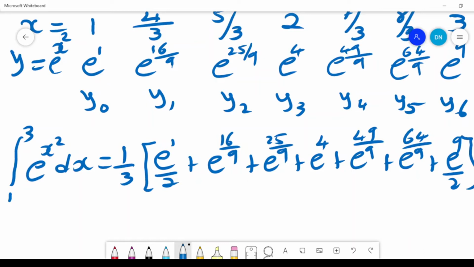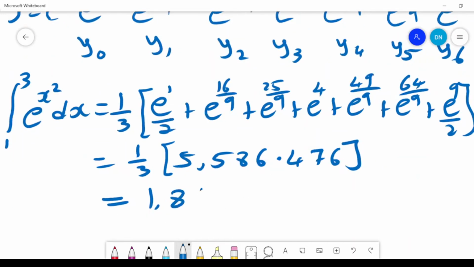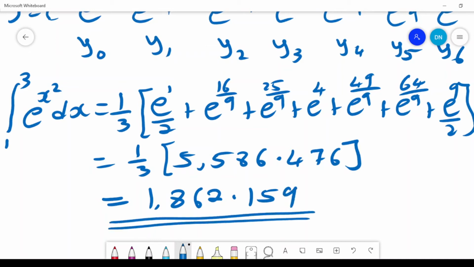And those are the computations that we have. If we put all that together, this will give us the solution for that problem, which is 1862.159 using the numerical integration.